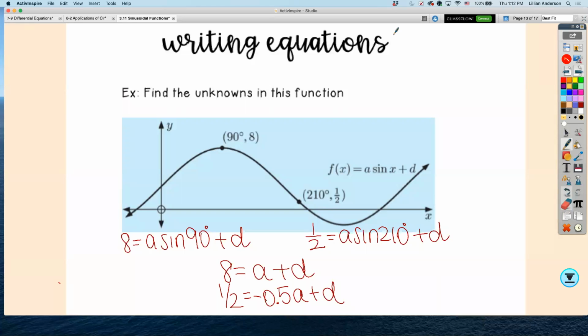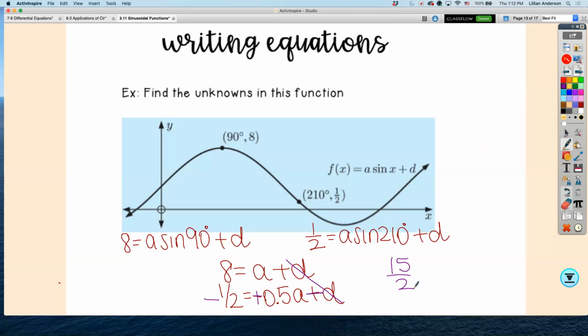So for nostalgia's sake, I want to solve this using elimination. I'm going to multiply this bottom equation by negative 1, so that way I can cancel out my D. Then I'll just add those 2 equations together. 8 minus a 1/2 is 7.5, or 15 over 2.